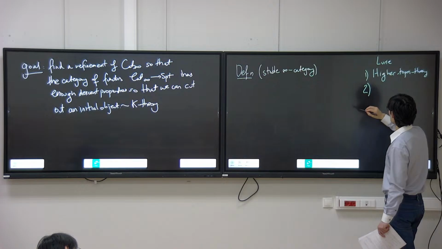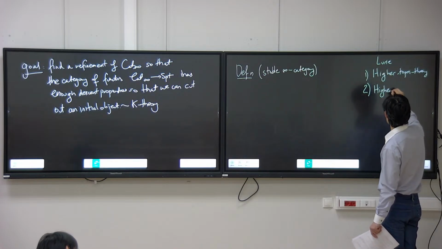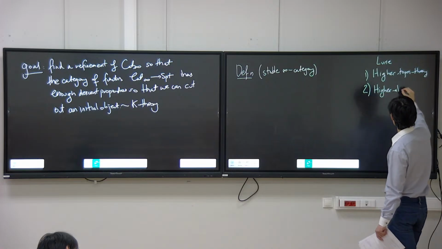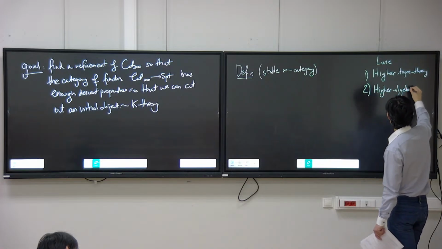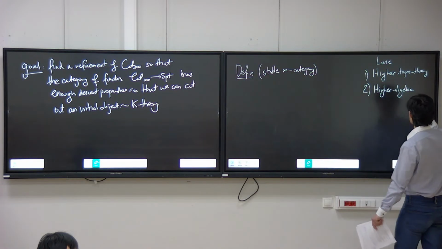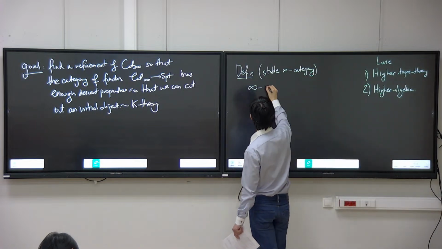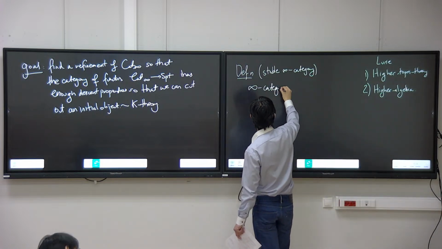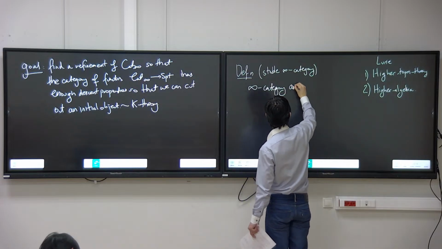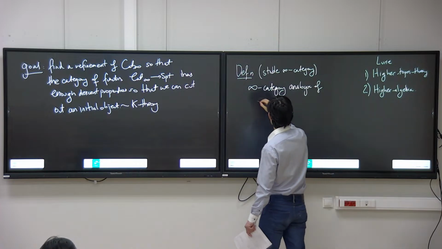And then the second part, I guess, is Higher Algebra. This is another book online. And in Higher Algebra, he defines this notion of stable infinity category. It's basically an infinity category analog of triangulated categories.